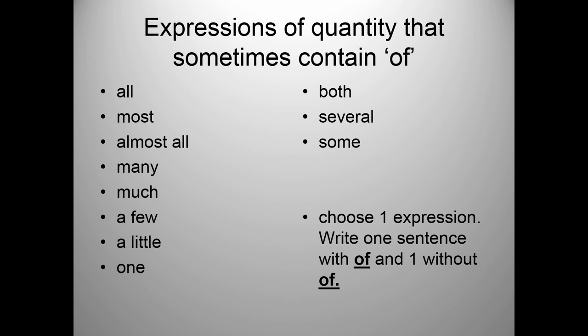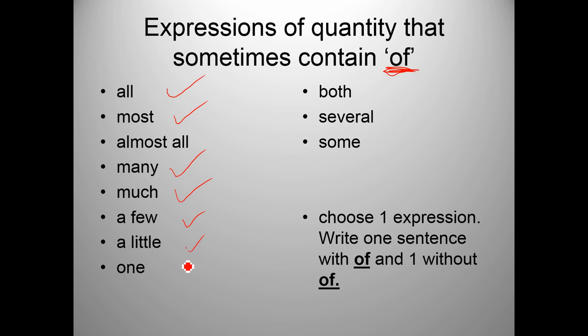Here's a list of some expressions of quantity that sometimes contain the word of. We could say all students or all of the students, most people or most of the people, almost all, many, much. I don't have much homework, or I didn't do much of the homework for this class.